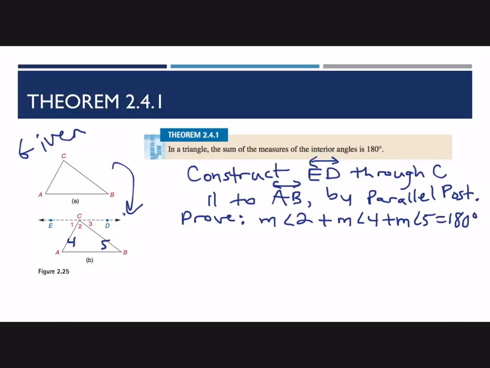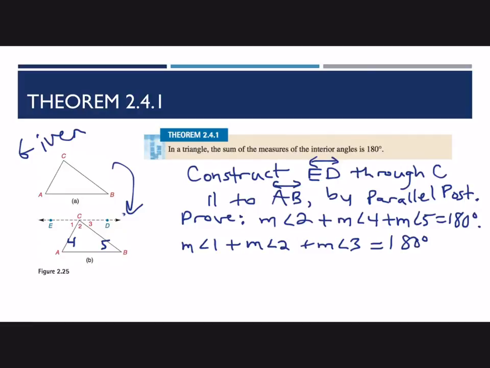So that's our goal. Again, I'll just do an outline here, and you could fill in more of the details yourself, but we know that the measures of angles 1, 2, and 3 add up to 180 degrees.